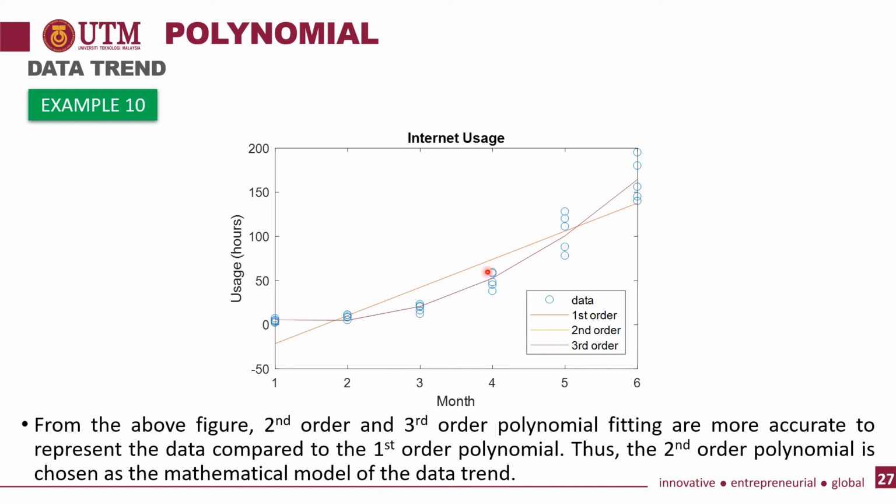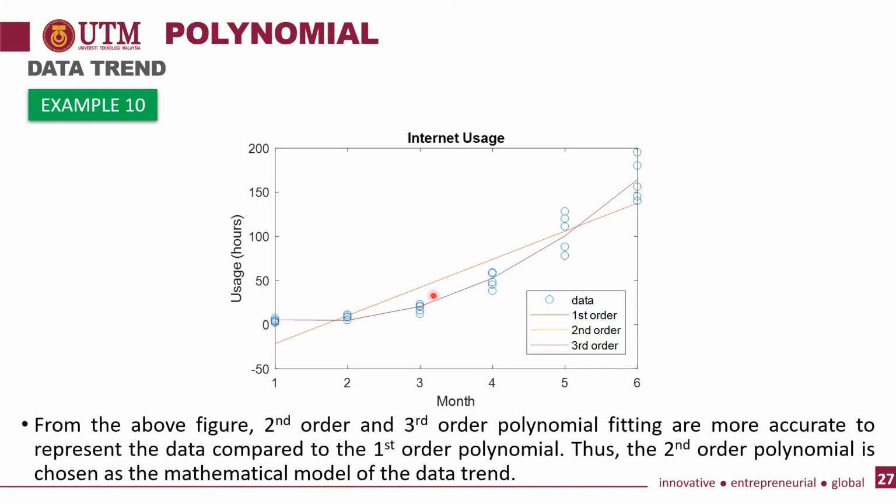So actually you can see here that the second and third order are overlapping each other. So from the above figure, second and third order polynomial fitting are more accurate in representing the data compared to the first order polynomial. The first order polynomial is not as accurate as the second and third order, because the distance between the curve and the data is quite far.